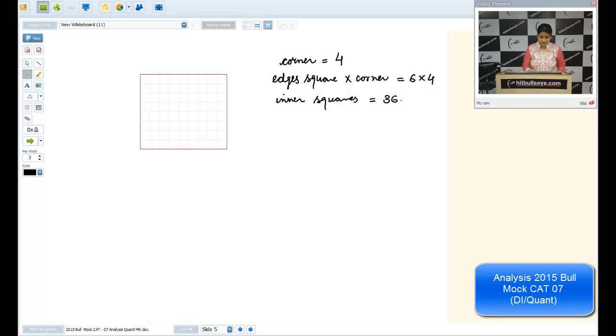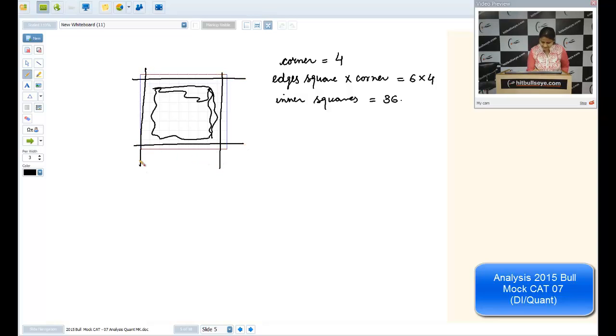How 36? Okay. See, whenever you have an 8 by 8 chessboard and you need the innermost squares, you will leave this line, this line, this line and this line. I mean, the boundary you will leave. So the interior dimension will be 6 since you are removing 2 out of 8.